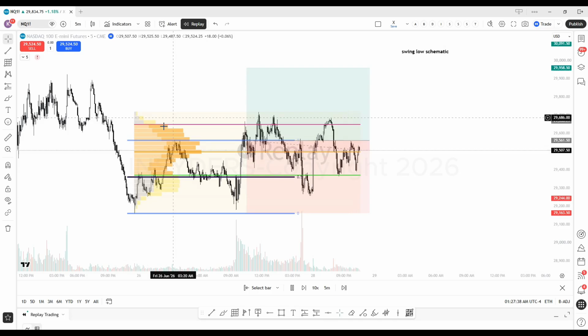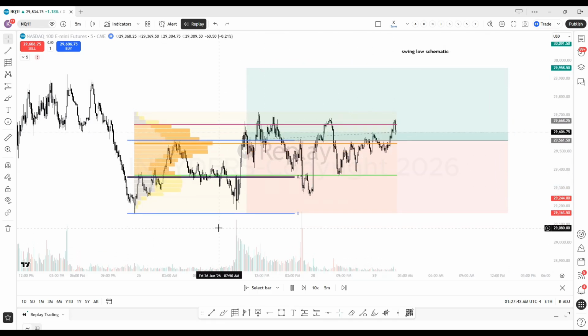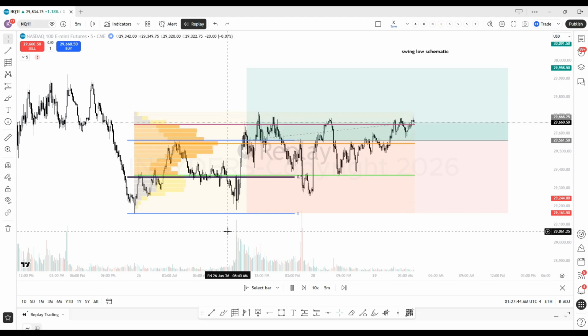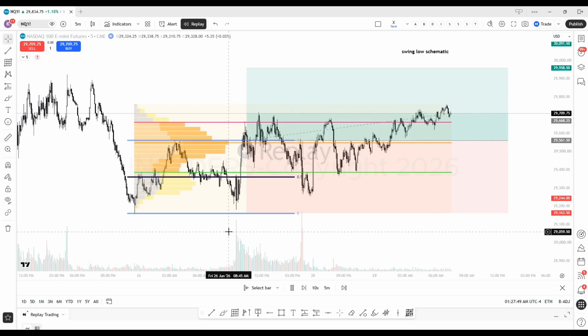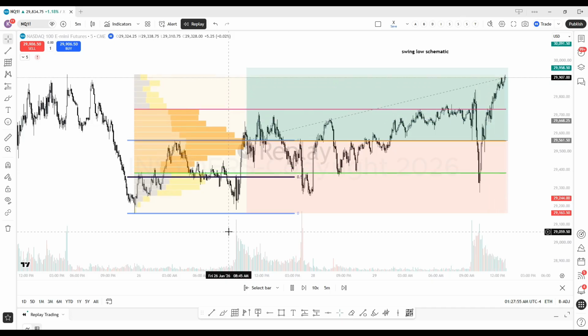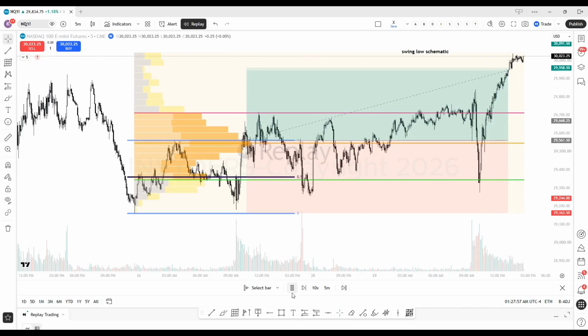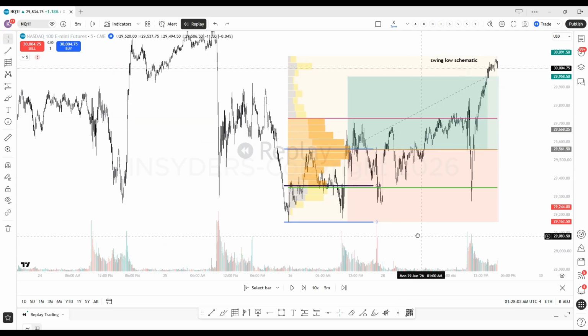And you could see the profile actually develop as this goes on. Another thing I could talk about when it comes to acceptance is that the longer price spends inside your section, the stronger it becomes. So this would have been a profitable trade.